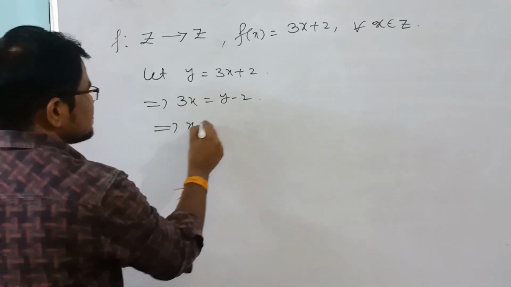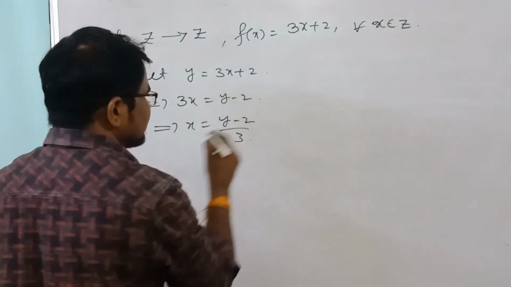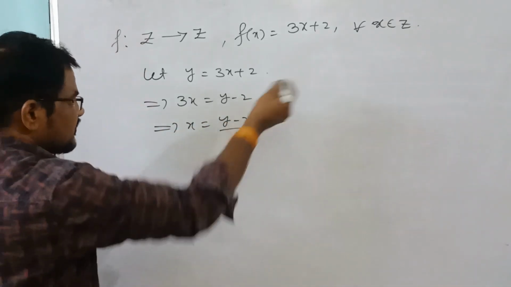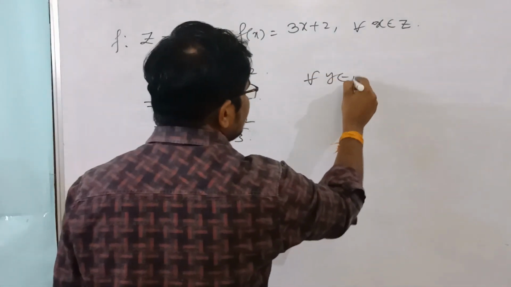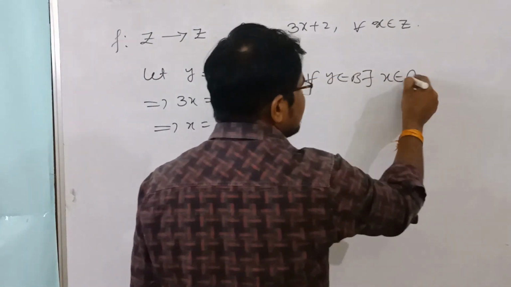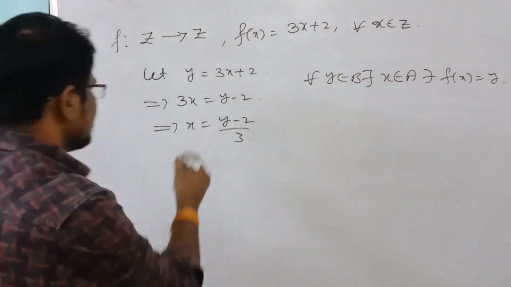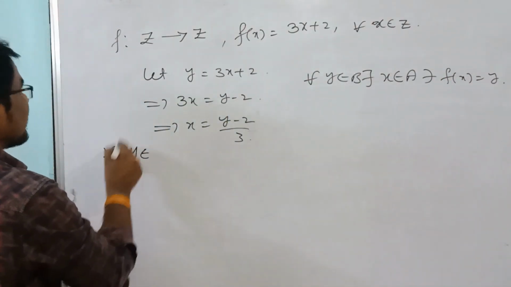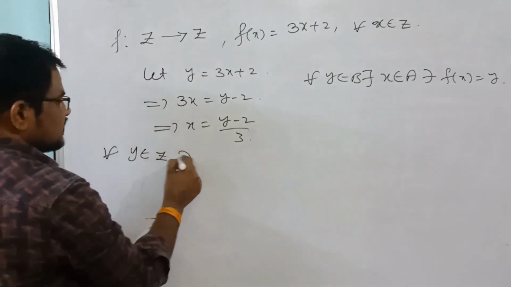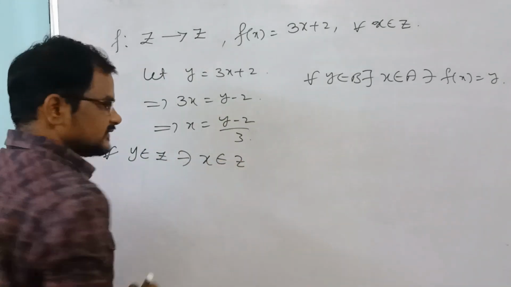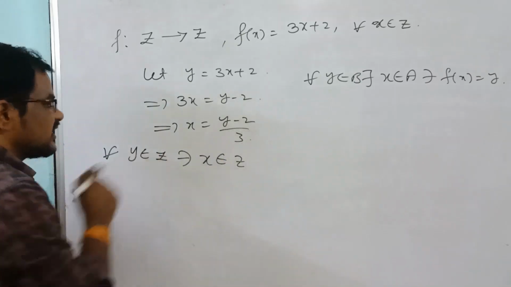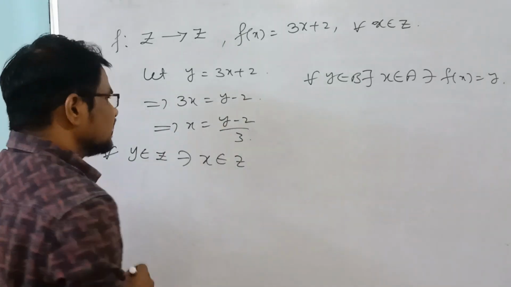Here also let y equal to 3x plus 2 and 3x equal to y minus 2. That implies x equals (y minus 2) by 3. The same condition we have to observe. For all y belongs to B, there exists an element x belongs to A such that f of x equals y. So here for all y belongs to integers, there exists x belongs to integers. Is x an integer for all y in integers? Check any one value.